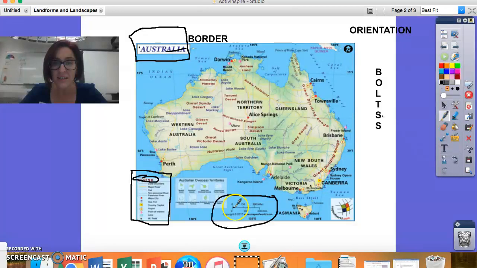So 1 centimetre on your map would be 200 kilometres in real life. Your scale shows you the comparison between the map and the real life version. So if you measured from Adelaide to Townsville, you count how many centimetres there are, and you can figure out how many kilometres that is in real life. Really good when you're working out distances to travel and that sort of thing.